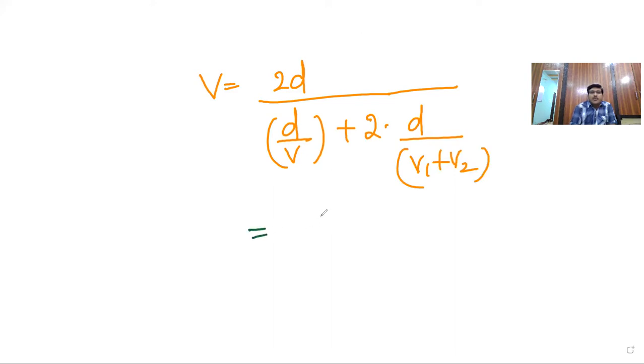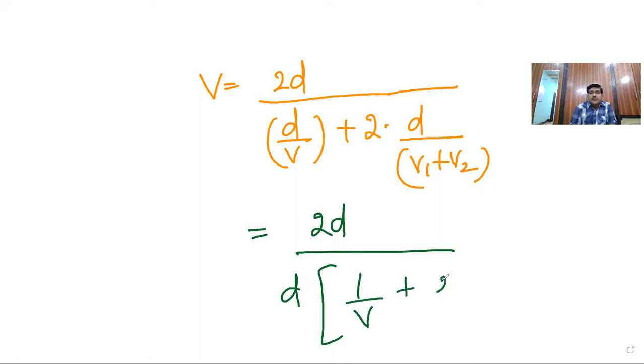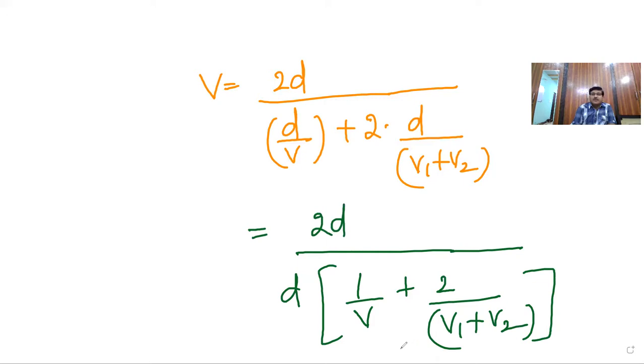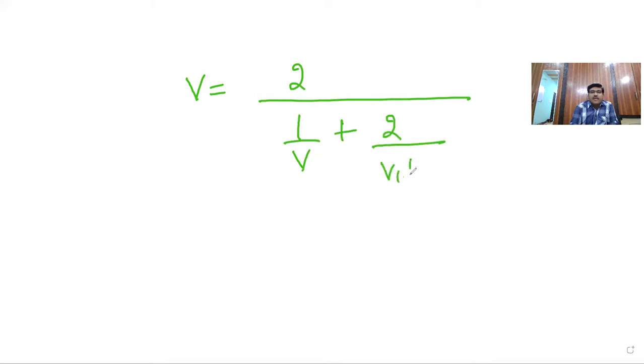Now 2D, D is common out. So 1 by V plus 2 by V1 plus V2. Okay? Now observe carefully. Here D in the numerator and denominator goes off. V is equal to 2 by (1 by V plus 2 by V1 plus V2).